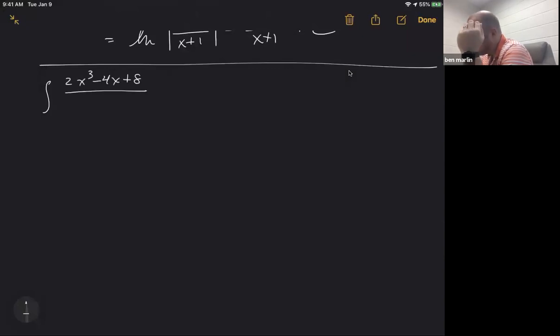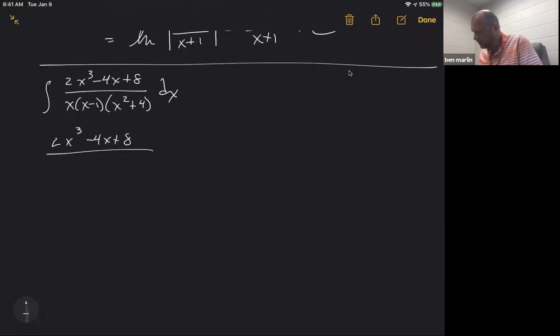And on the bottom has x minus 1, x squared plus 4 dx. All right. So we're saying 2x cubed minus 4x plus 8 over x, x minus 1, x squared plus 4. Okay. So the x squared plus 4 will not factor down any further.